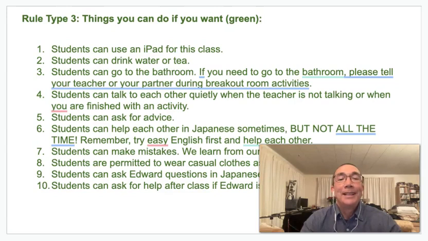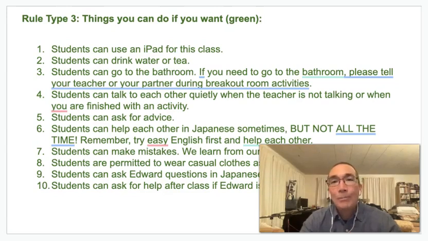Also, let's see. I like number 5. Students can ask for advice. And 6, students can help each other in Japanese sometimes, but not all the time. And I love this. Remember, try easy English first, then help each other. And I think number 7 is very important. Students can make mistakes. We learn from our mistakes.